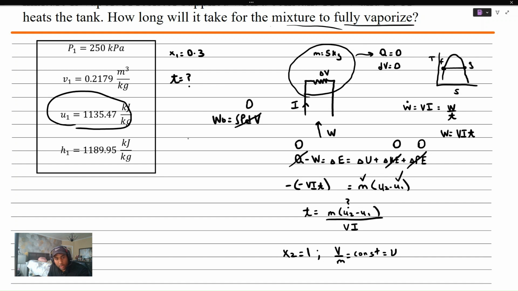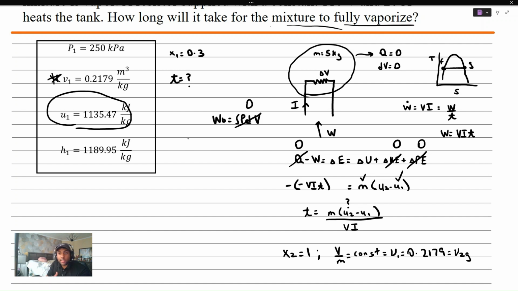That's the specific volume. The specific volume is constant at state point 1, and it's equal to that at state point 2. It's equal to 0.2179. It's given in this box over here. So 0.2179 is equal to the specific volume at 2.